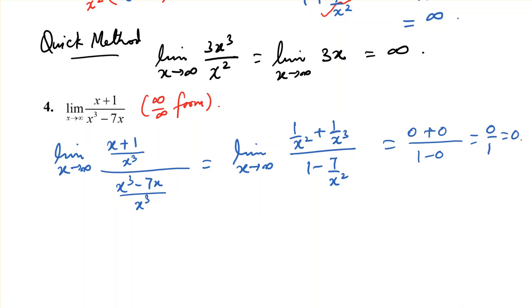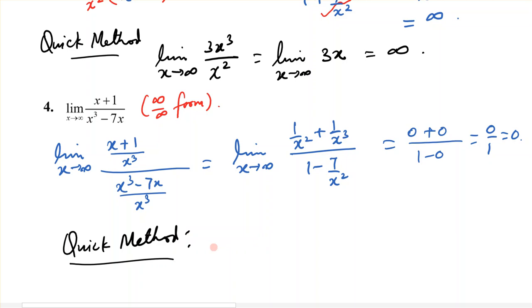Again, in this case, if you were wondering about the quick method, I'm just going to rewrite the problem. The limit as x approaches infinity of x plus 1 over x cubed minus 7x. The leading terms are x and x cubed.